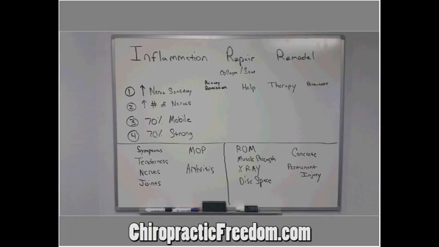If they were in the inflammation phase, they were seen daily to reduce the pain and inflammation as fast as possible, using pain-reducing and inflammation-reducing therapies, and I could explain what they were. Then in the repair phase, there was still some modification of pain or muscle therapy, depending on the patient's exams and the SOAP notes.